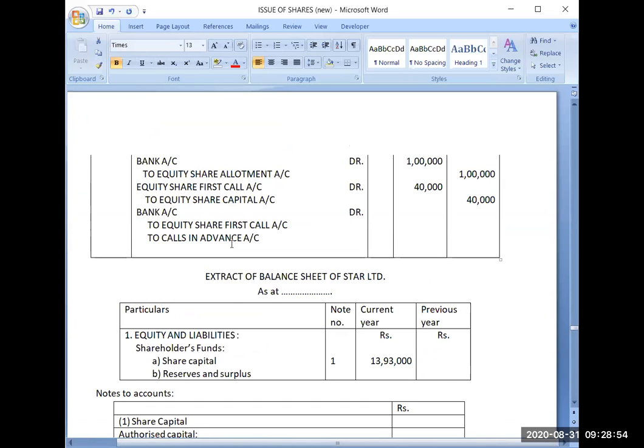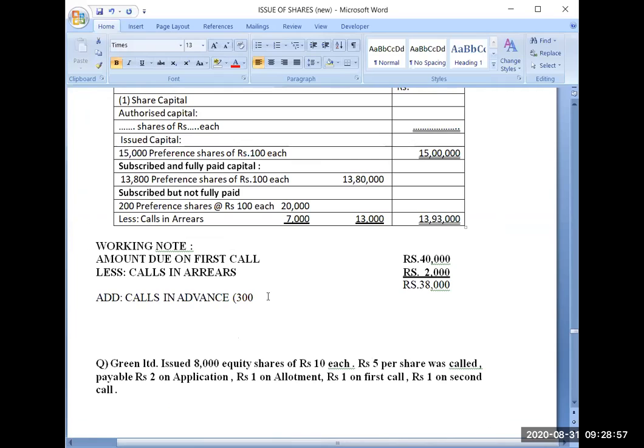So now I hope this point is clear. 300 multiplied by 3, so your calls in advance will be. So be careful for the steps. When you follow the steps, you will not be making any error. So you are receiving 900 in advance.